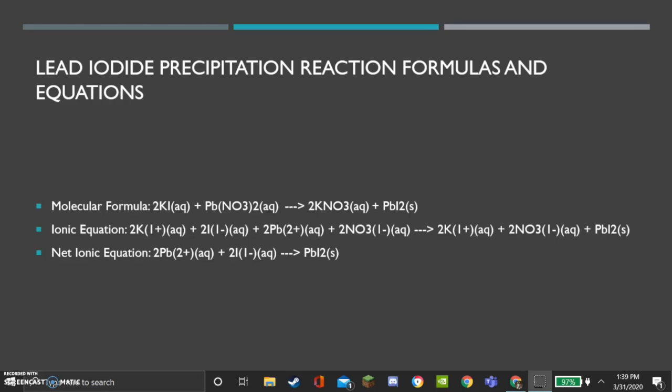And all these aqueous reactants, again, combine to form 2 moles of potassium, 2 moles of nitrate, and again the lead iodide precipitate.